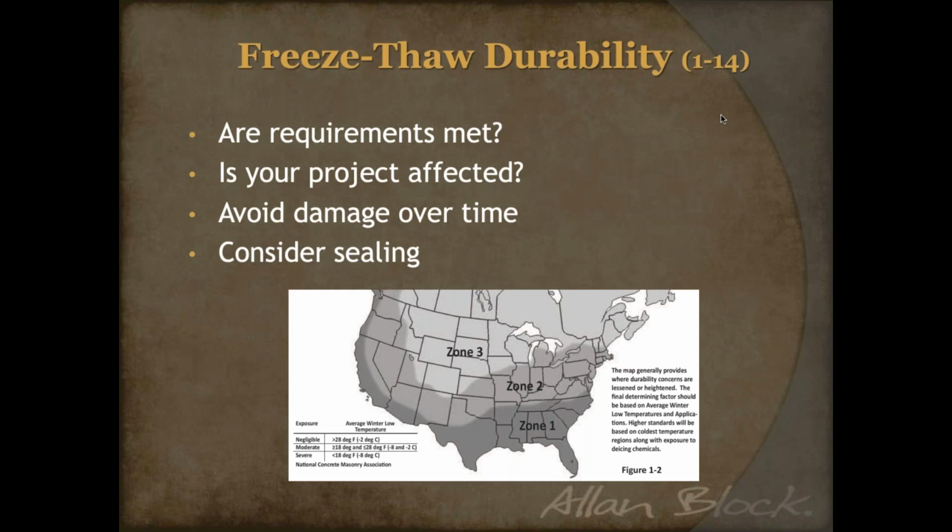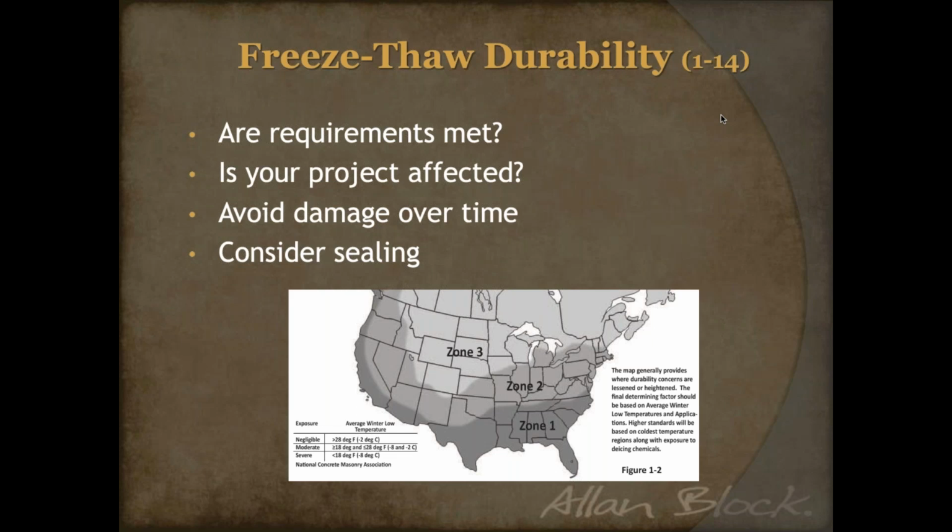So really we like to keep running water in these areas away from the top of our wall and any facings. And if your wall is susceptible to any of these situations, like the de-icing salt or any water running down the facing, you might want to consider sealing it. Sealing can really add an extra layer of protection and will help avoid any damage over time.